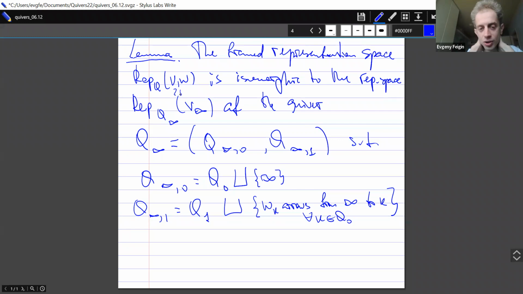If we want to identify the framed representation space with just a simple representation space, what dimension do we have to take? Any suggestions?